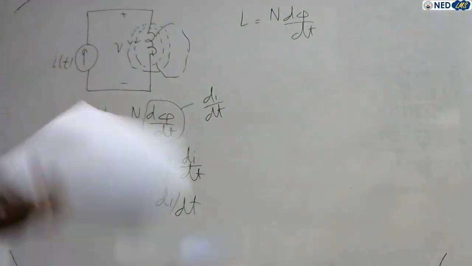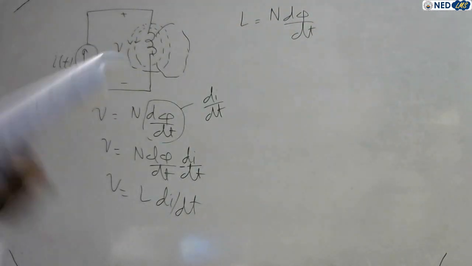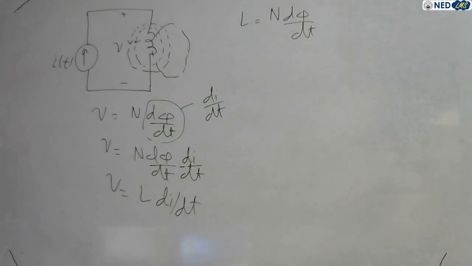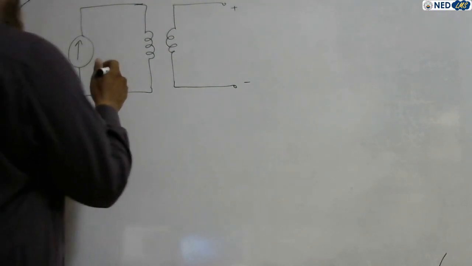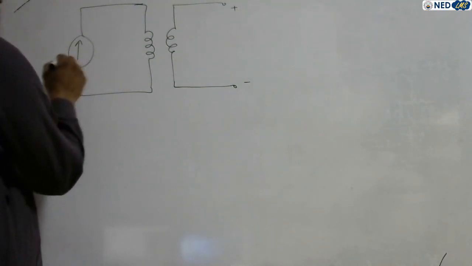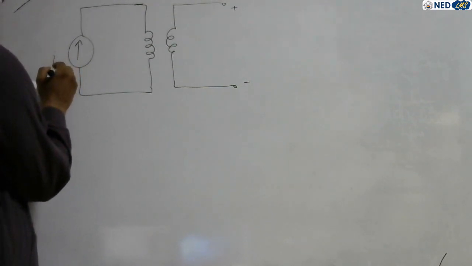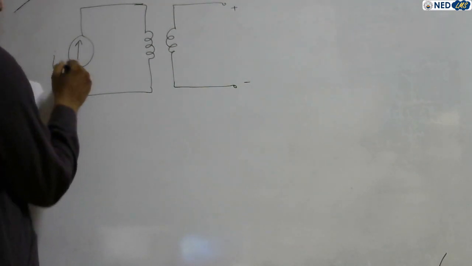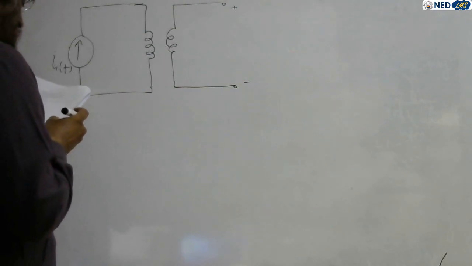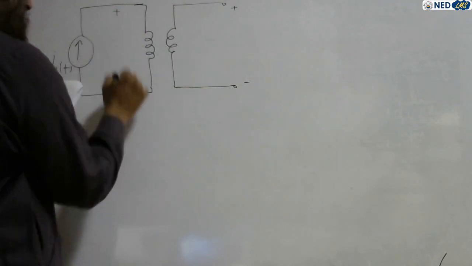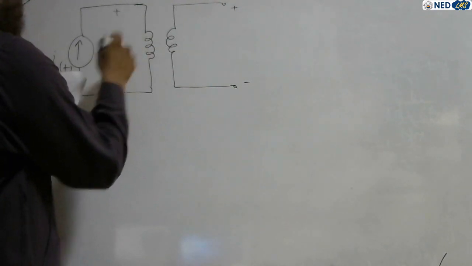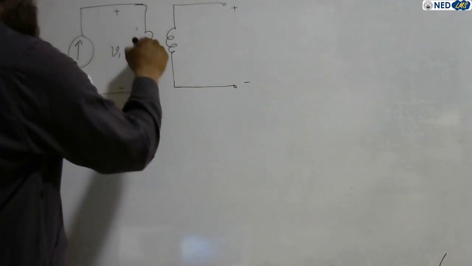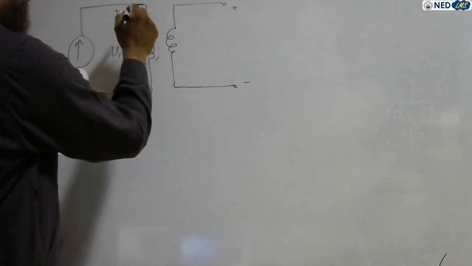Now we consider two coils, coil 1 and coil 2. Let's suppose the instantaneous current I1 of t flows in one coil, and voltage V1 is induced at the terminals of the first coil, and flux phi 1 1 is set up due to its primary current.